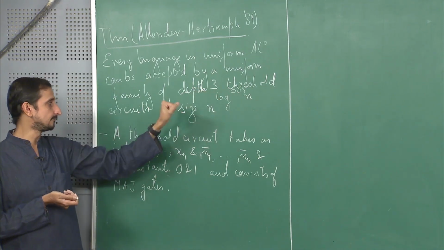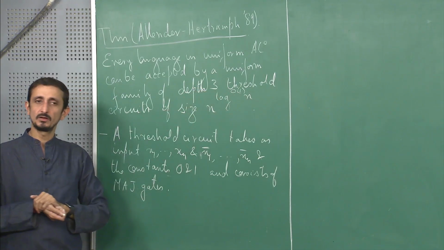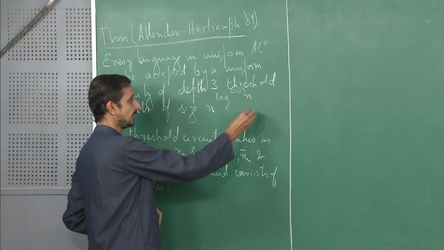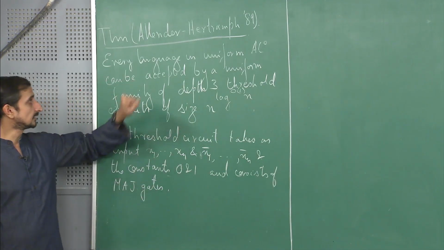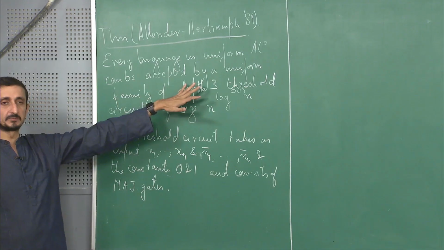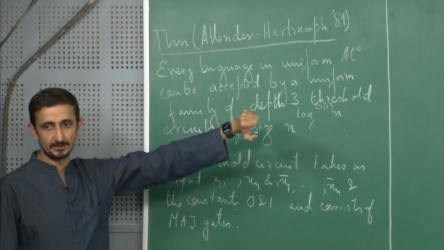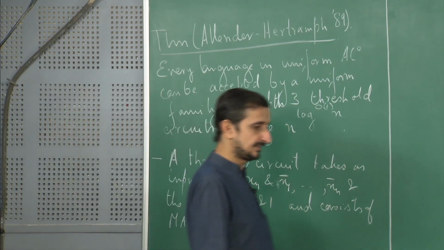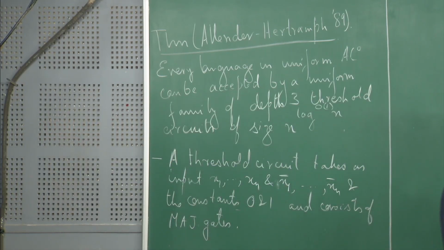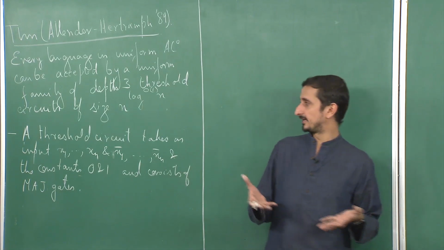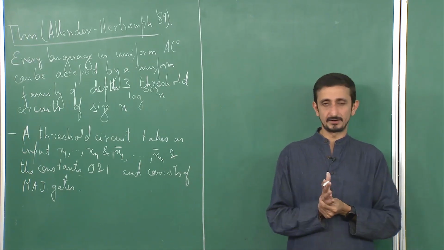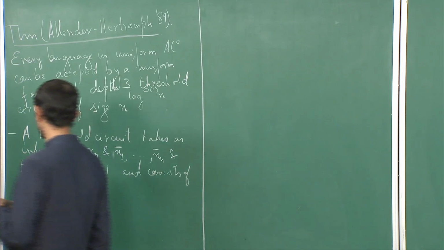The circuit will now have majority gates and size quasi-polynomial. The important thing about this construction is that it is a constructive proof, in the sense that we get a uniform family of depth 3 threshold circuits. Essentially what we will show is that these circuits that we will be generating can actually be constructed.